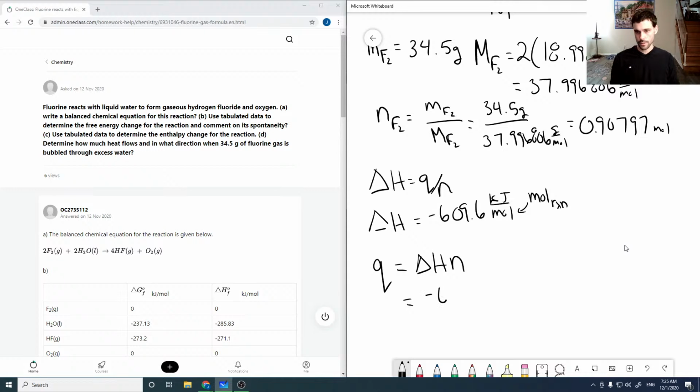which is minus 609.6 kilojoules per mole of our reaction times, and so this is the moles of fluorine, so we need to multiply by our conversion here, right? So per mole of reaction, there's 2 moles of fluorine, and then we're multiplying by the number of moles of fluorine that we just solved for.